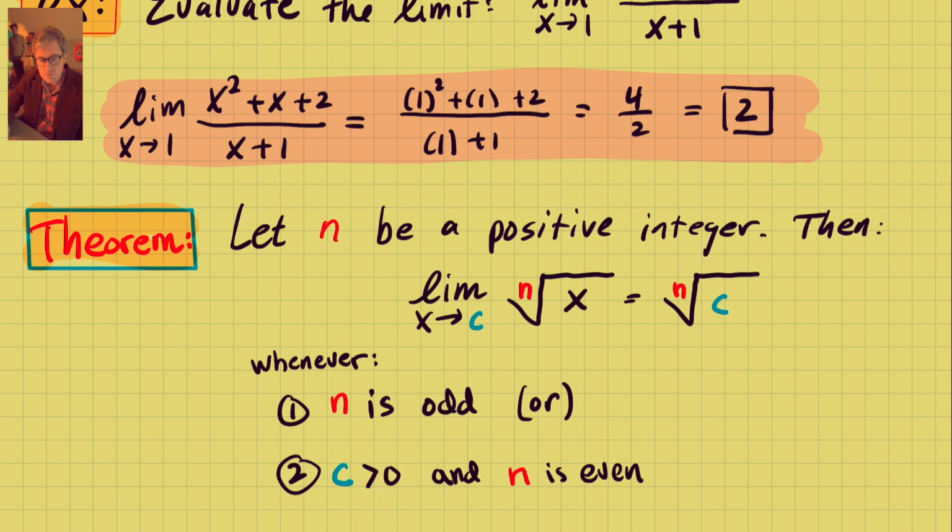Basically what this is guarding against is trying to identify the limit as x approaches -1 of the square root of x. If I try to use this theorem, it would say that the limit is equal to the square root of -1, which is not a real number.